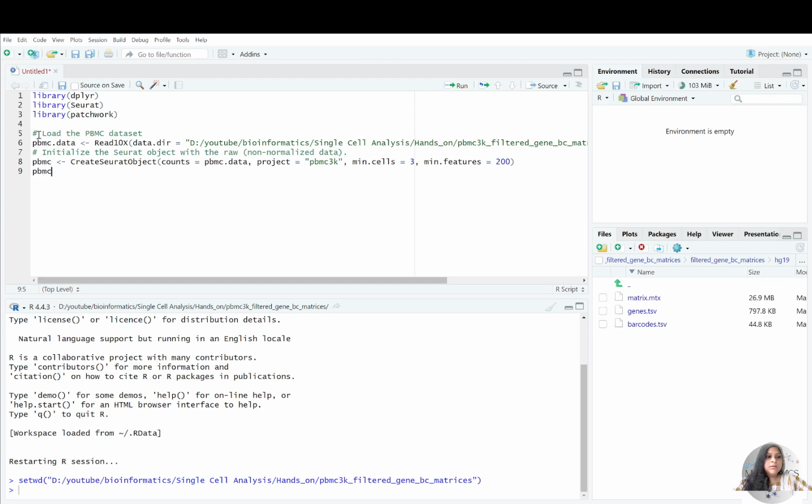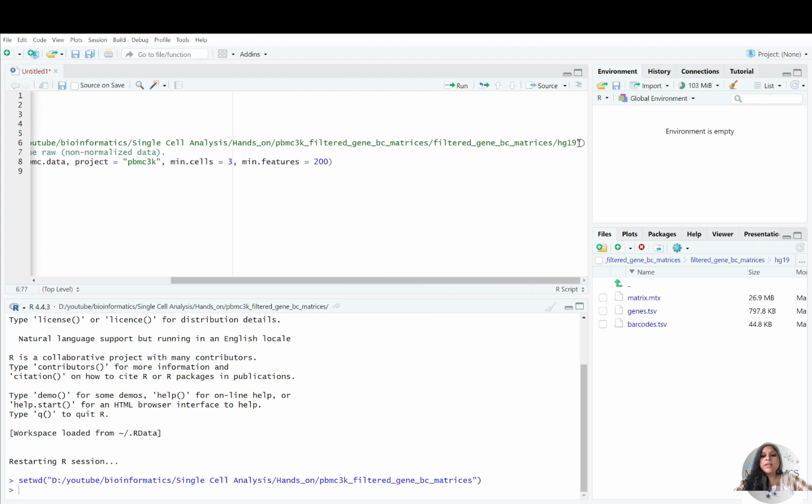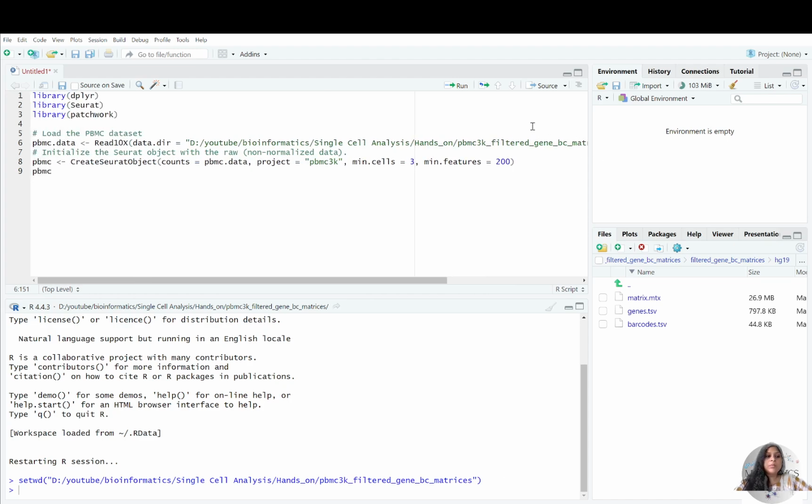So here we are declaring pbmc.data as a variable, and in that we are going to read the data. This is my path to the data set, but you should be giving your path, and you should only be giving the folder which contains all these three files. So these three are inside the HG19 folder. So you have to give the path only till this particular part.